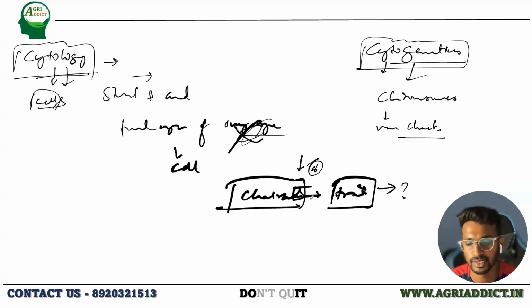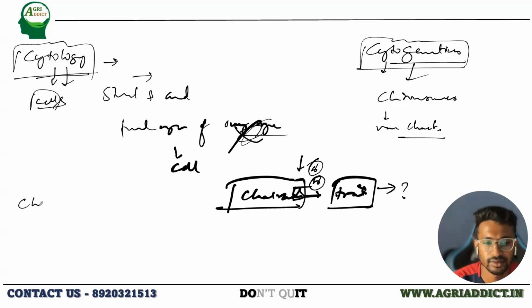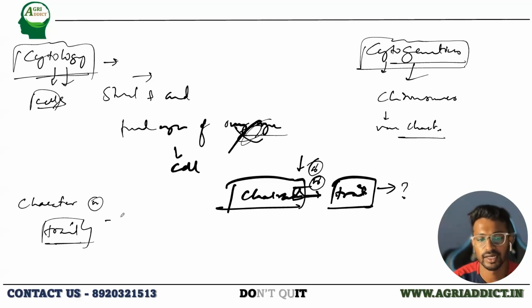What Ankit is asking is whether trait and character are the same words, synonyms, or have different meanings. Same, okay, one is answering same. Any other answers? But both are different.